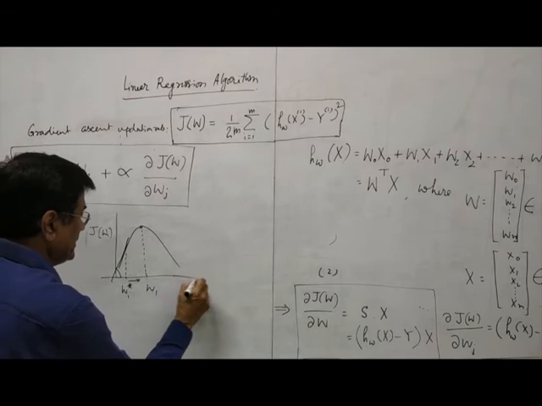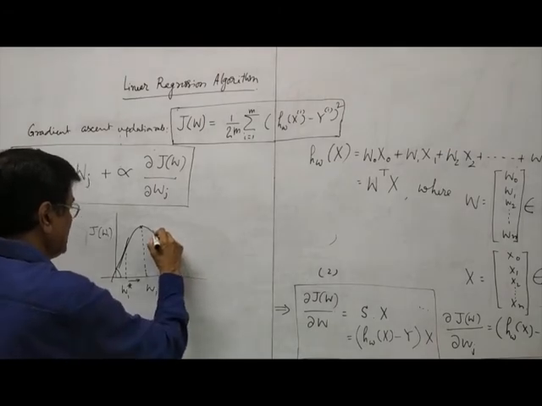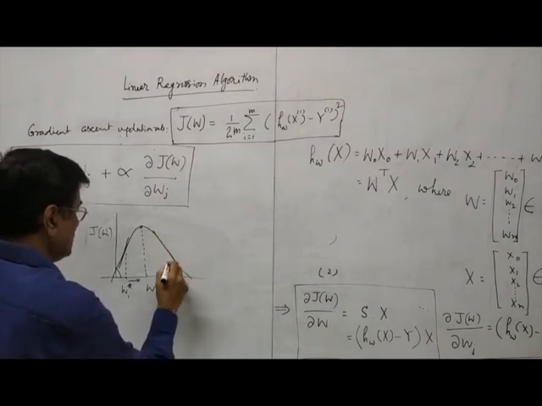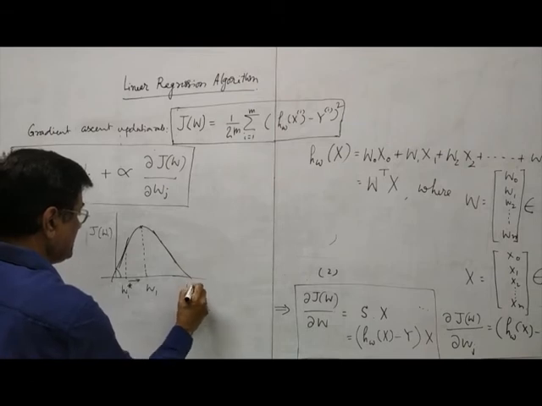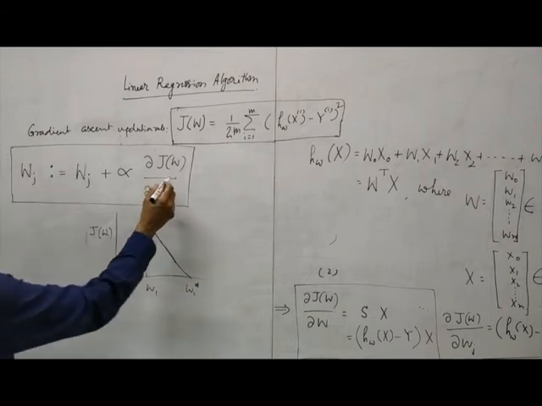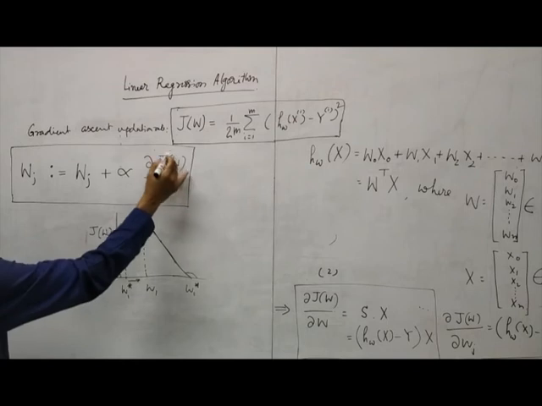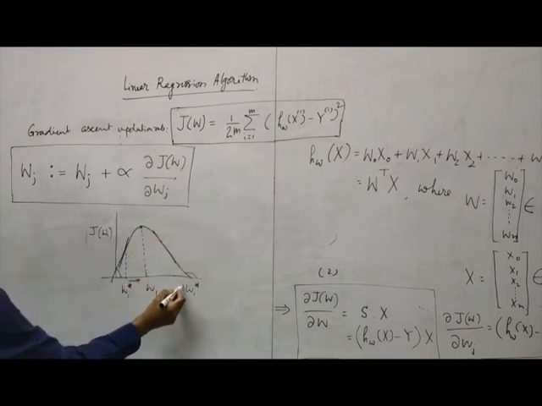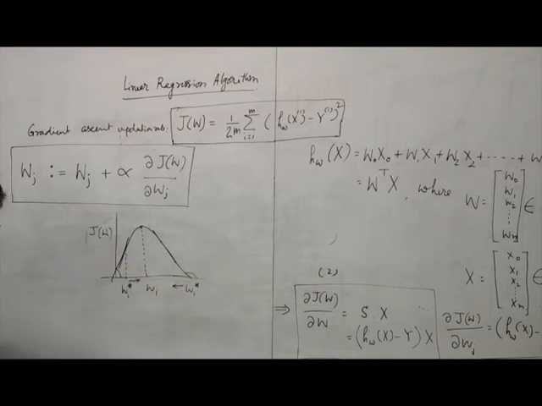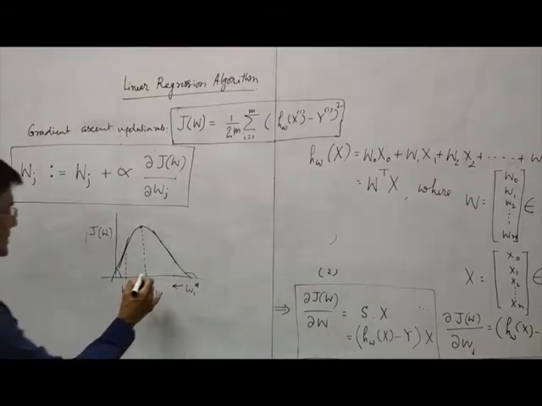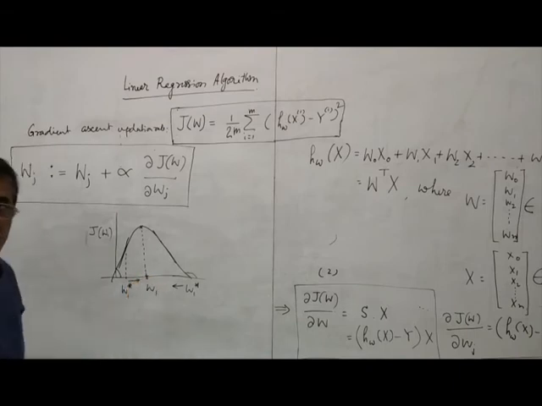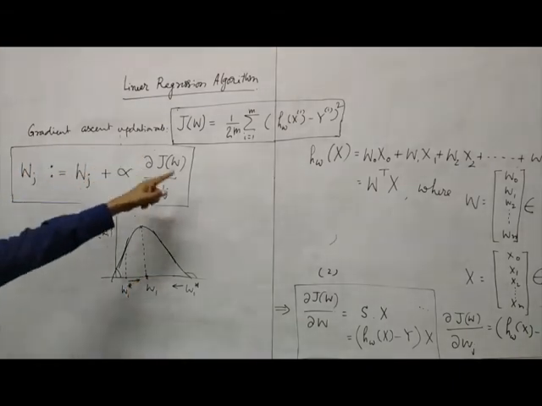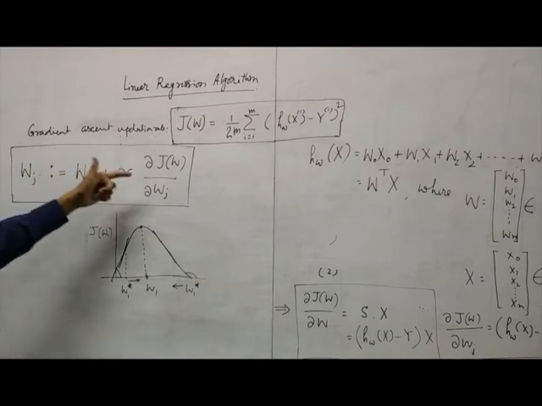On the contrary, if somebody has taken an initial value here, this will be negative definite, so some value will be reduced from here, and slowly this will again be attracted towards this. So this again remains a fixed point attractor by simply changing the algorithm's updation rule.